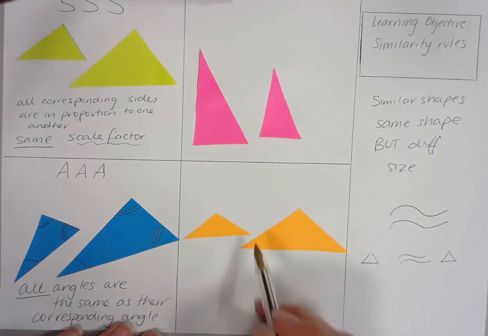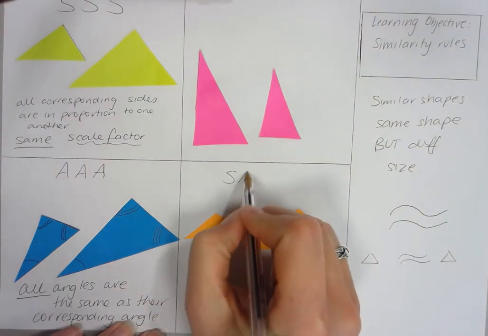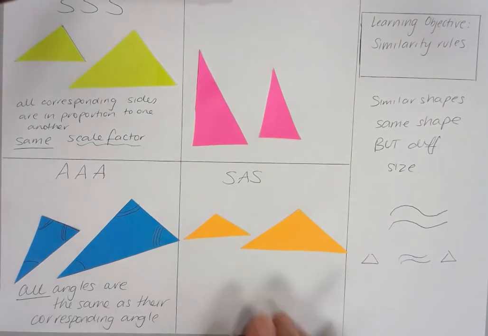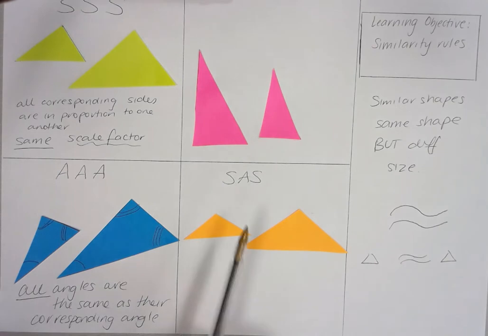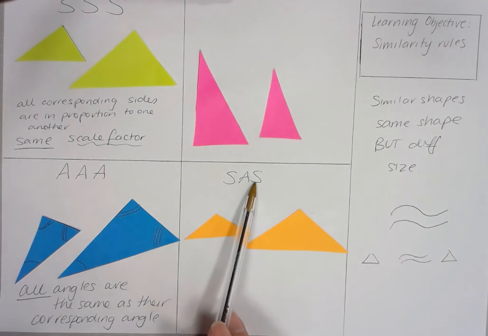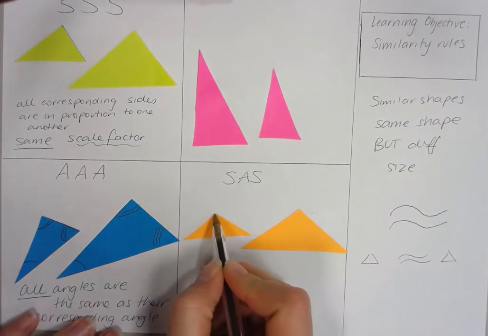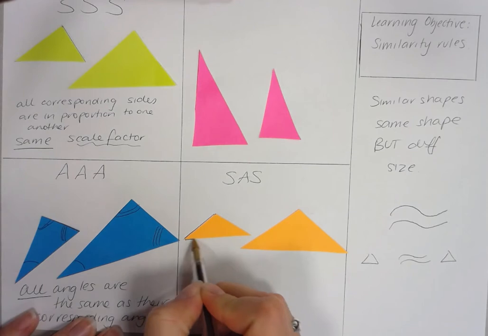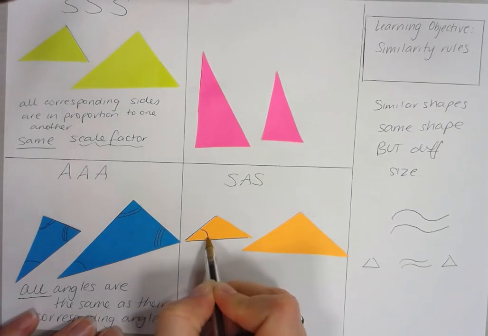This one over here, our next rule, very similar again to a congruence rule, is a side, angle, side rule. And this time we're still talking about, say, one side, another side, and the angle in between.